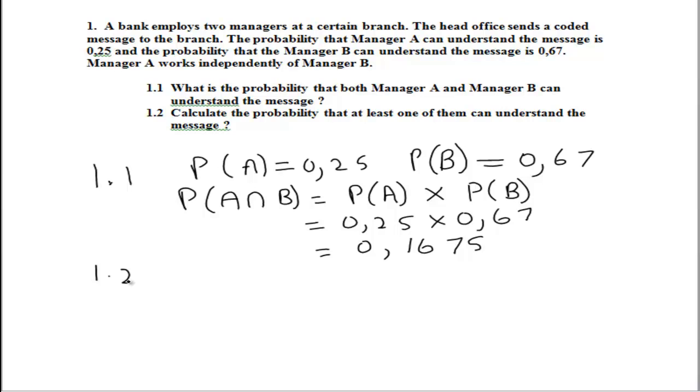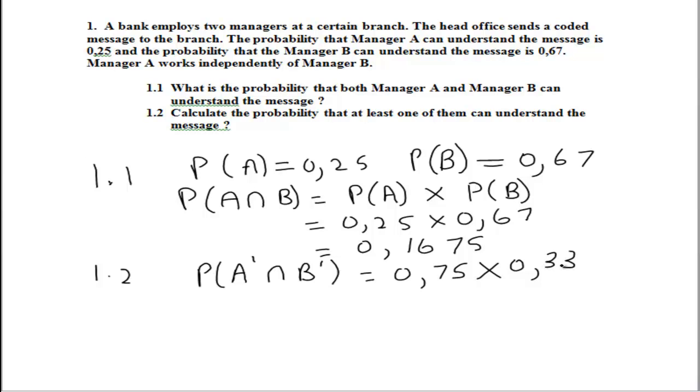1.2 says, calculate the probability that at least one of them will understand the message. Now, since there are only two people, let us say that A does not understand the message and B doesn't understand the message. The probability that A will not understand the message is 0.75, times the probability that B will not understand it, 0.33.